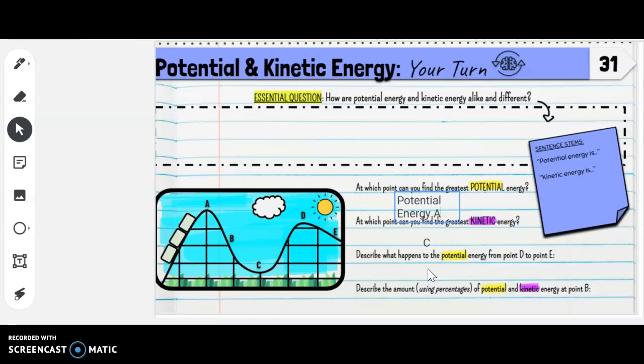Describe what happens to the potential energy from point D to point E. So we have point D right up here. It's not the highest point, but it's getting up there. So from point D to E, we know that it decreases.